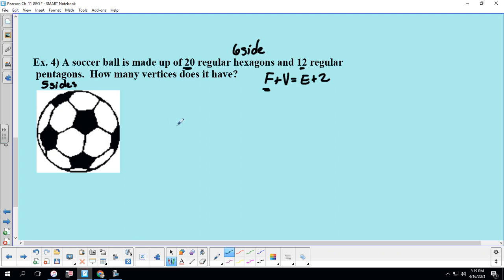So we have 20 regular hexagons, and each of them has 6 sides. And so we're going to multiply 20 times 6. So we have 120 edges to our hexagons. We have 12 pentagons. Pentagon has 5. So we have 12 times 5. So 12 times 5 is 60. So altogether, there are 180 edges.